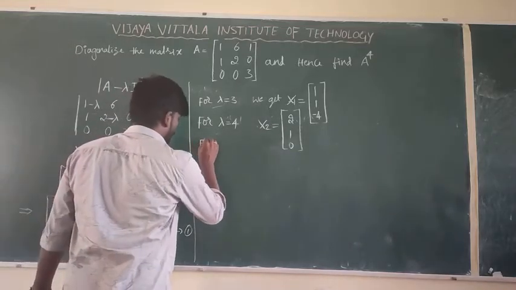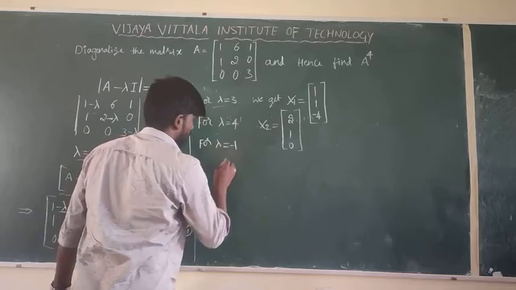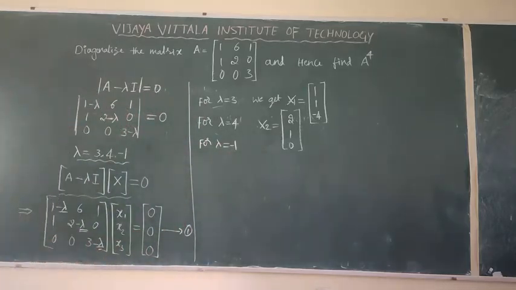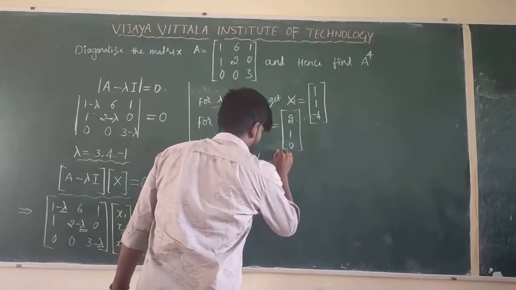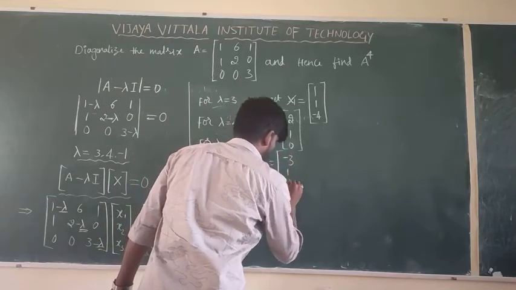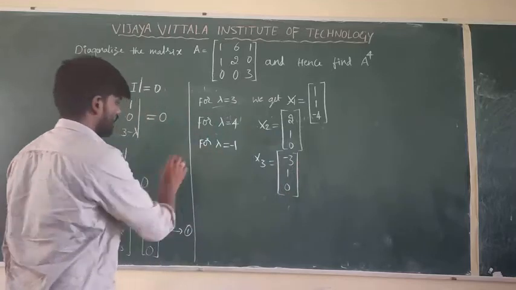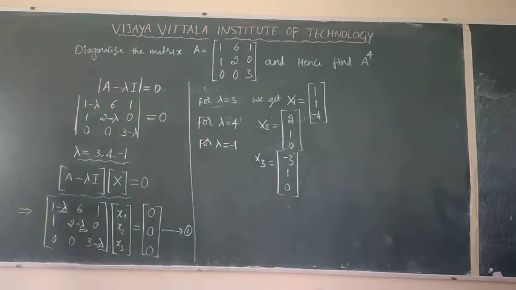For lambda equals minus 1, we get the eigenvector x3 as (minus 3, 1, 0), the third eigenvector corresponding to the third eigenvalue.